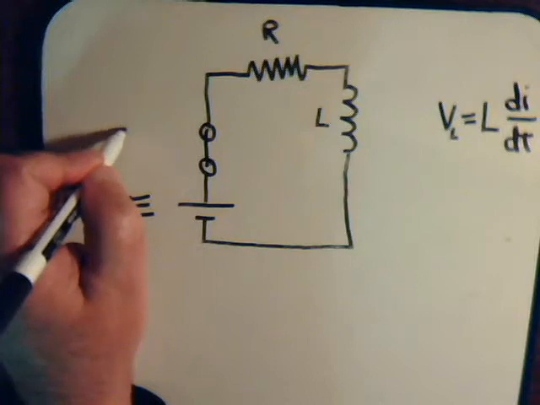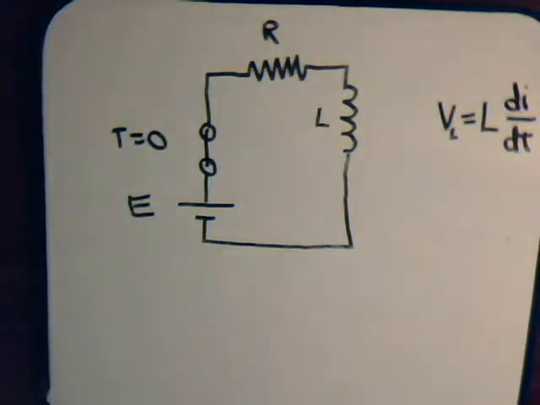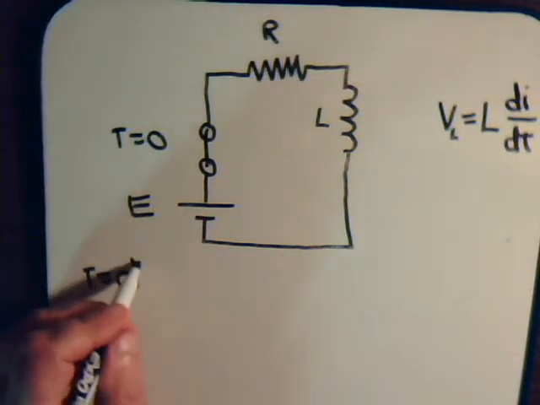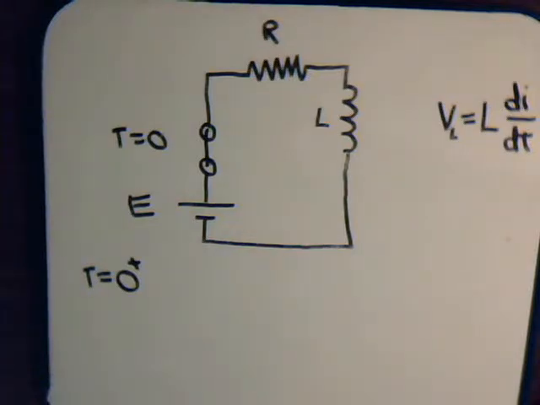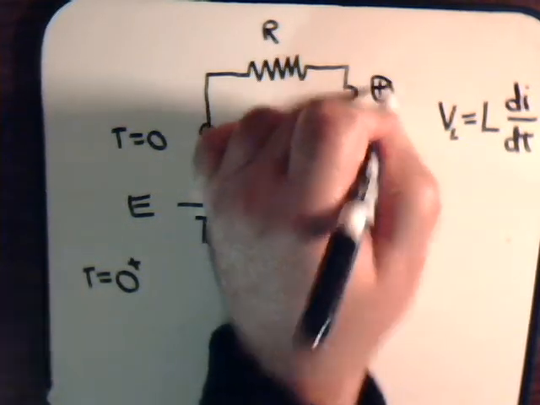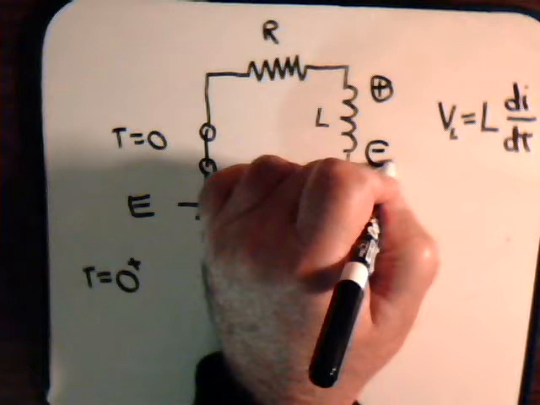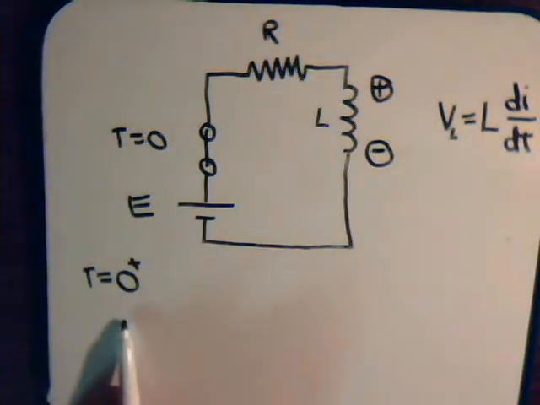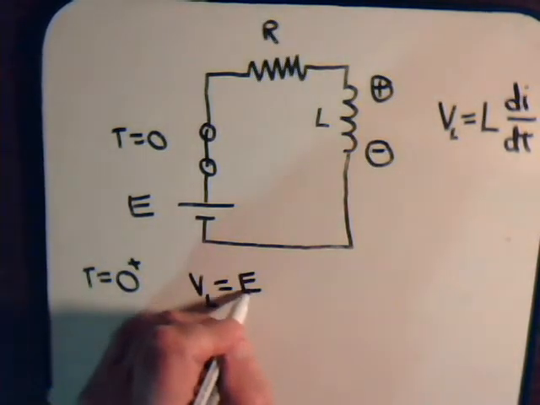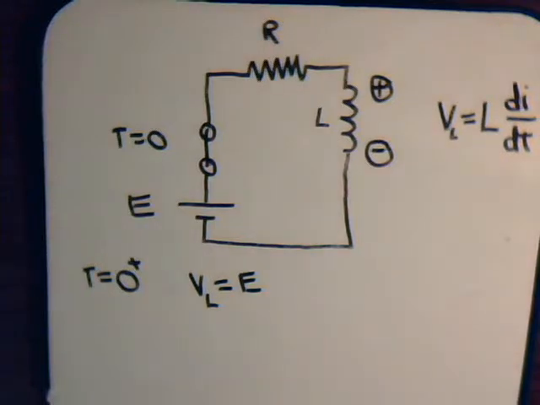Taking just an instant of time immediately after that, you will find that there is an induced voltage across this coil, and at that instant in time, that induced voltage will equal E.